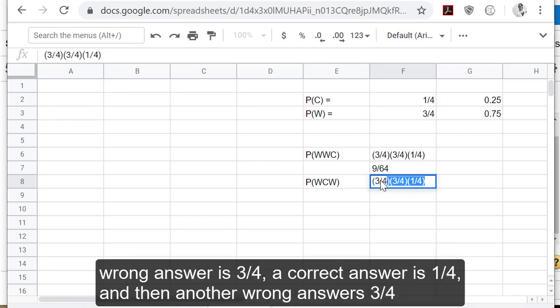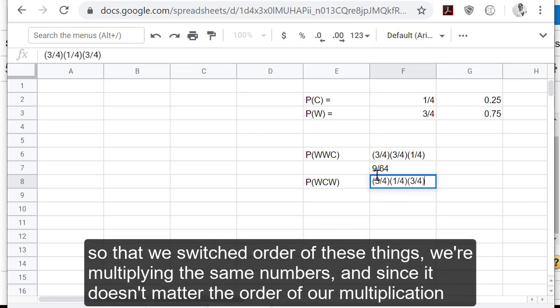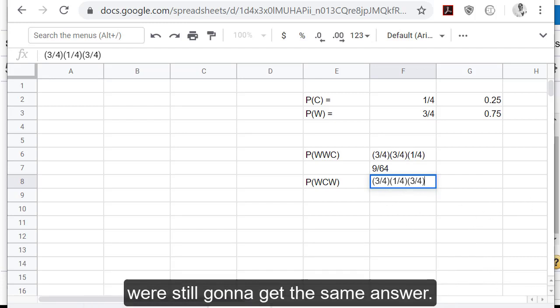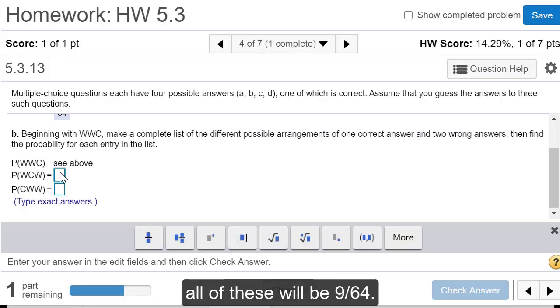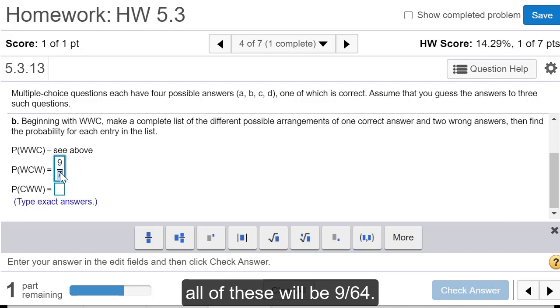A wrong answer is 3 out of 4, a correct answer is 1 out of 4, and another wrong answer is 3 out of 4. So if we switch the order, we're multiplying the same numbers, and since the order of multiplication doesn't matter, we're still going to get the same answer. So it looks like all of these will be 9/64.